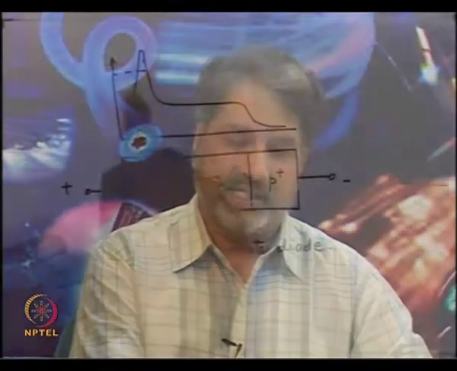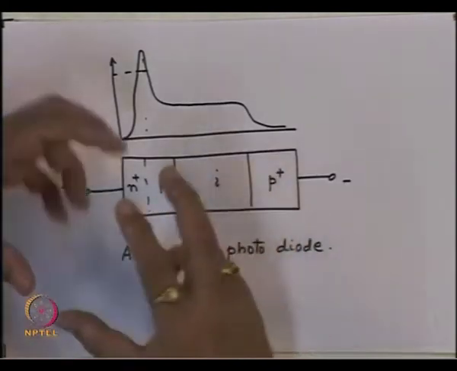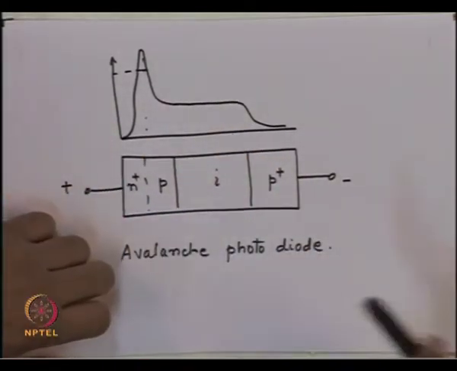So, this process now essentially leads to what is called the noise process in the detector. So, whenever we have a detection of the light by a photodetector, there is always some noise introduced into this conversion process. On top of this, when the device used is the avalanche photodiode, then every electron hole pair, when it tries to cross this region where the electric field is large, even that multiplication process is a statistical process.